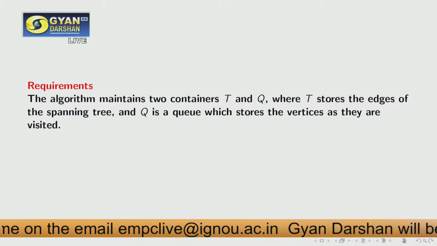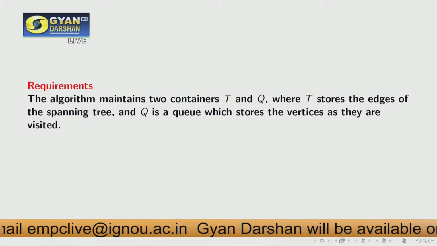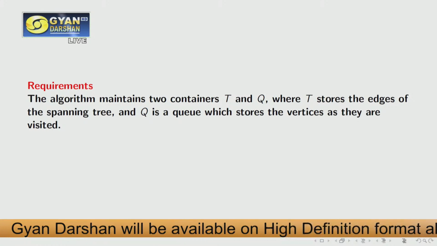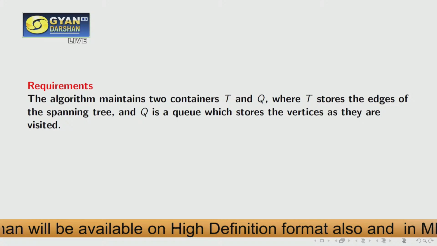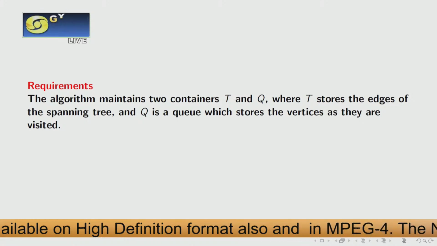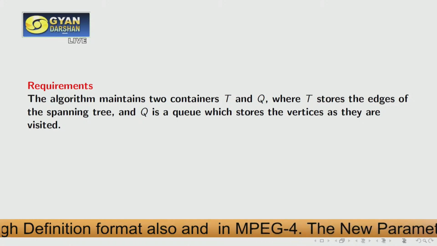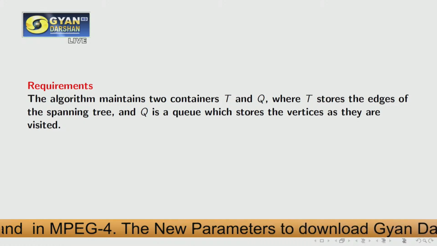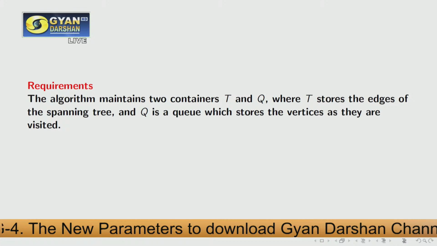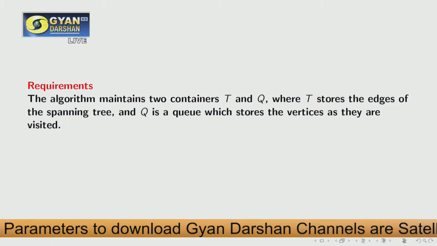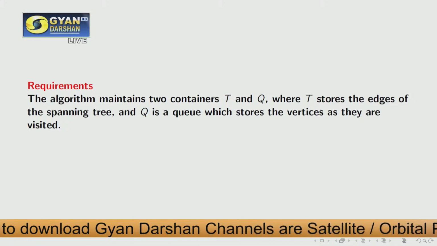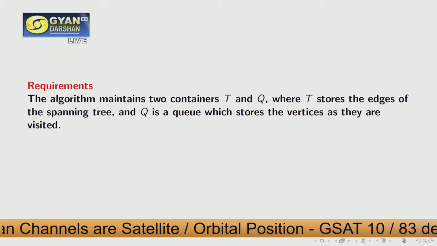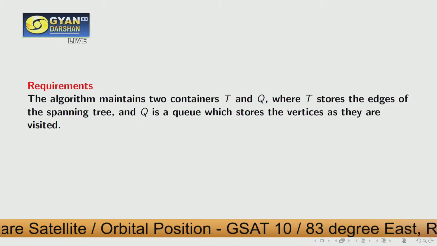In data structures you must have studied stacks and queues. Stacks work on the principle of last in first out, whereas queues work on the principle of first in first out. In a queue, when we visit vertices, we insert them at the end, and vertices are removed from the front. First in first out, the FIFO principle.